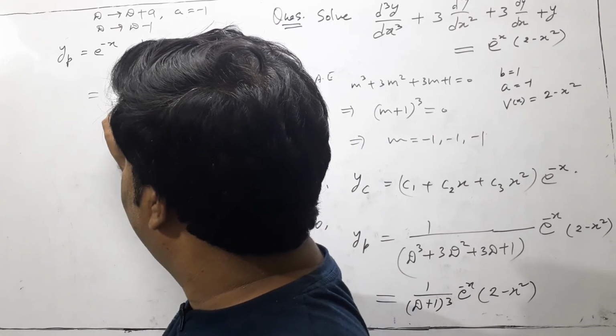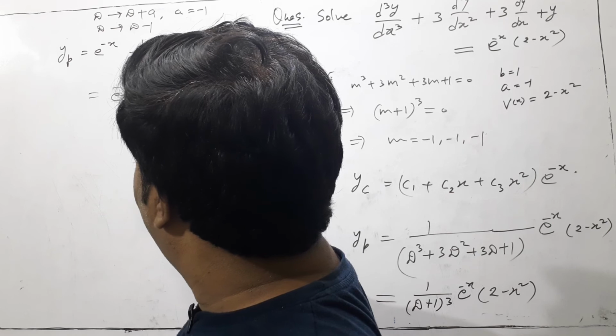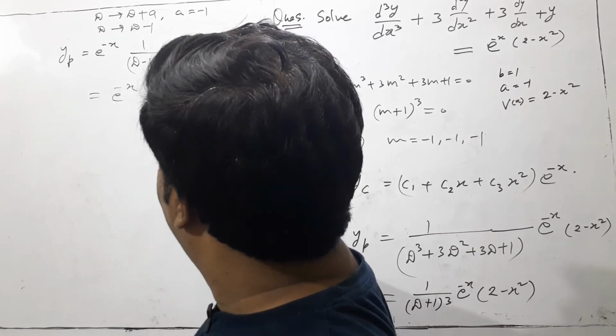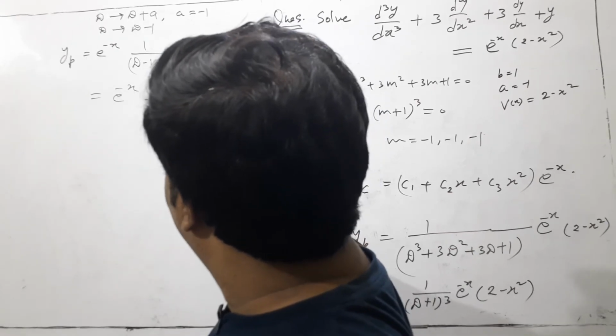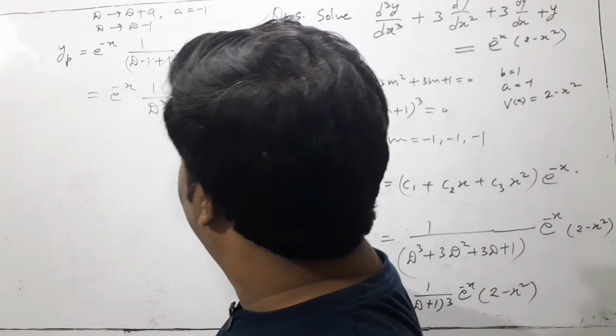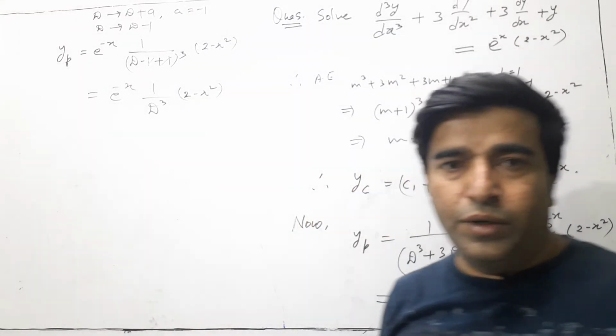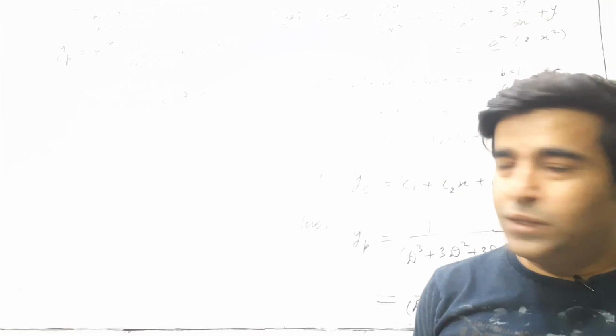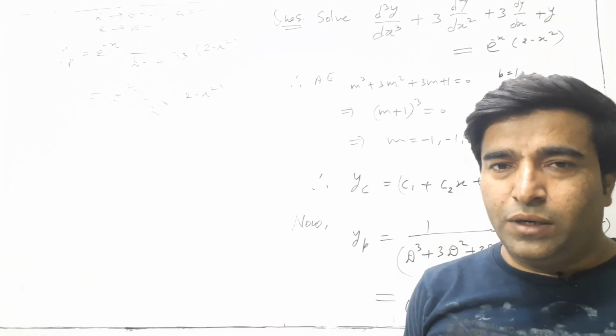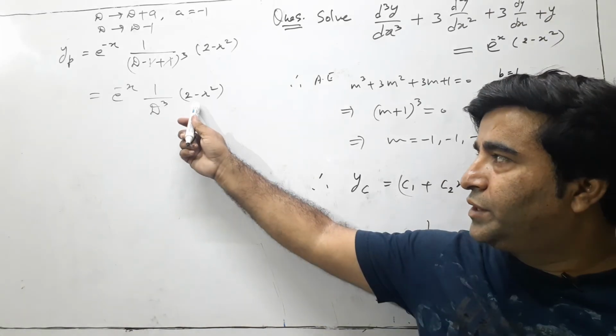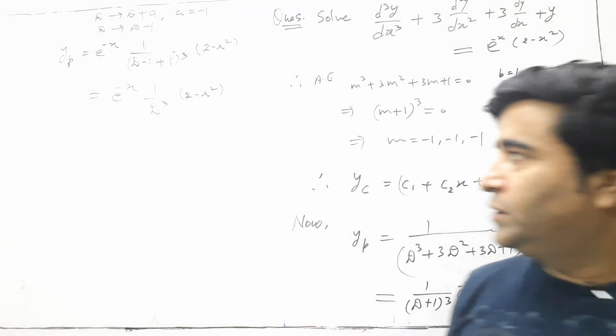The 1 and 1 cancel out, so this is 1 upon D cube on 2 minus x square. 1 upon D cube means triple integration, 3 times, of the given function.